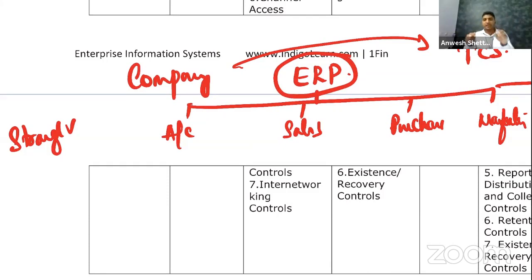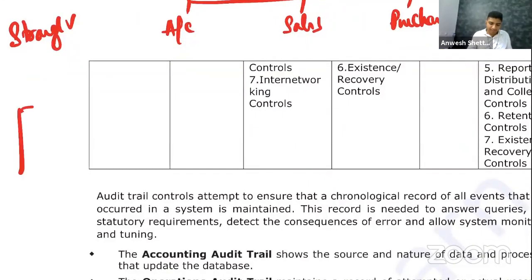In the middle of the night, he opens the door, enters the company and opens one computer, and let us say he somehow knows the password of that computer. He puts in the password, the computer opens, and here he can see one icon called ERP.